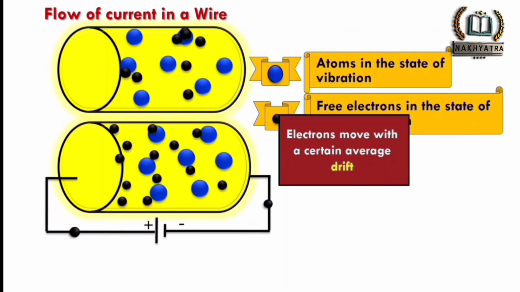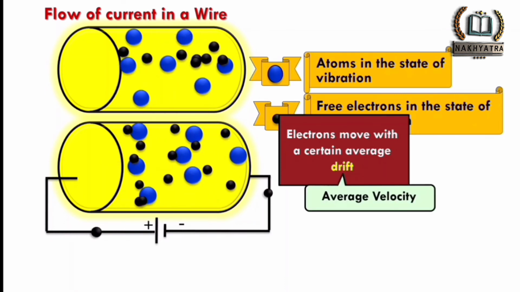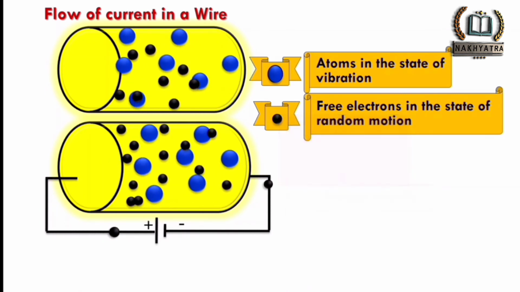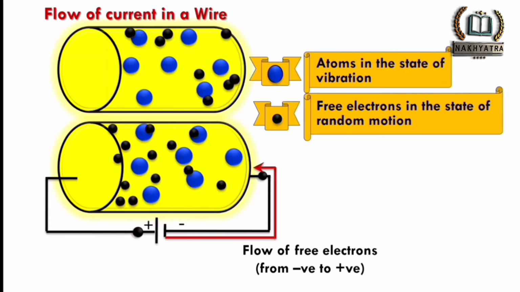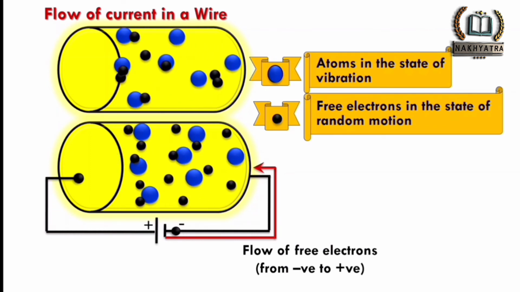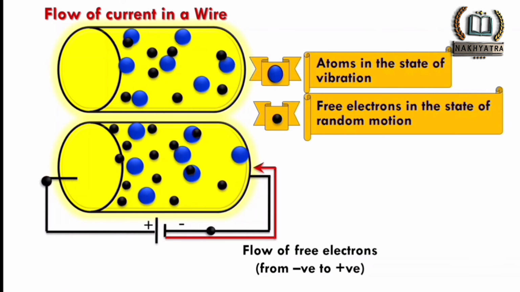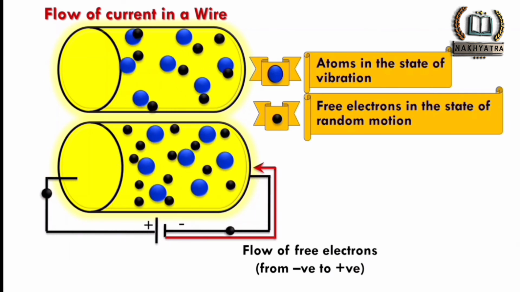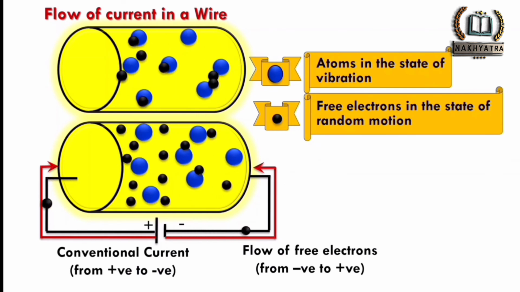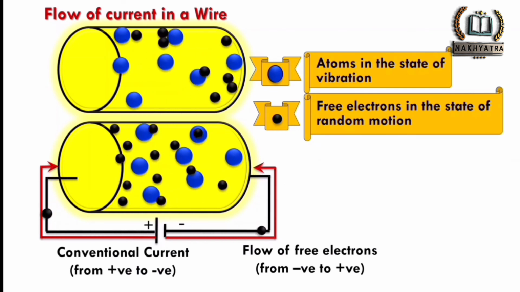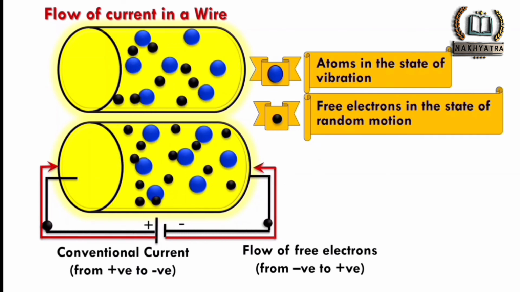No, they are moving with a certain average velocity. We know that the current and the electrons flow opposite to each other. The free electrons here are moving from negative to positive, but the conventional current is flowing from positive to negative.